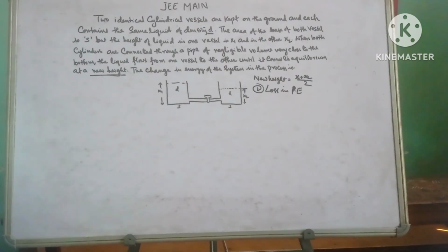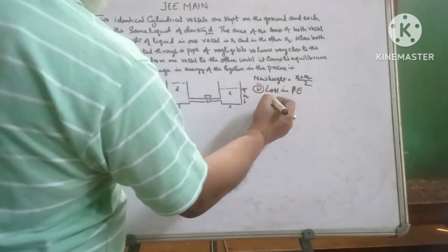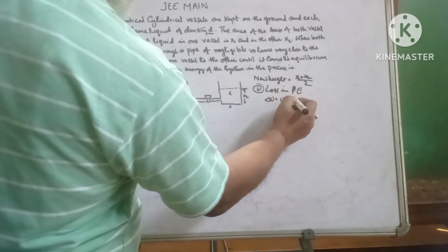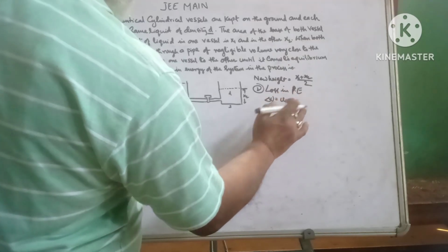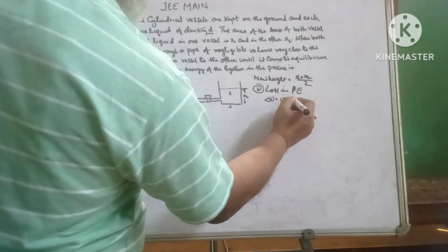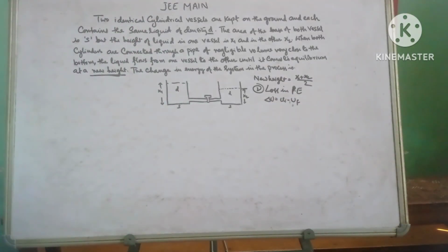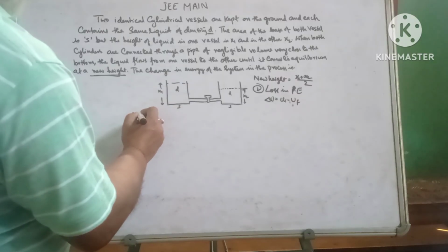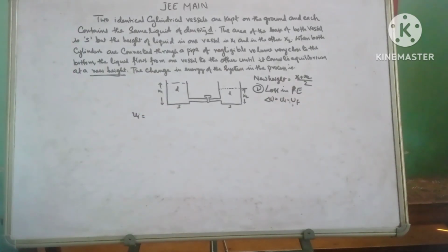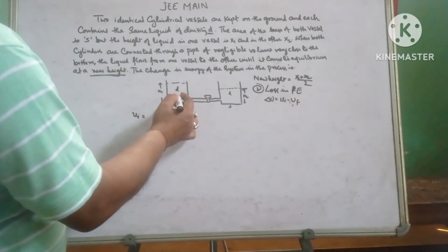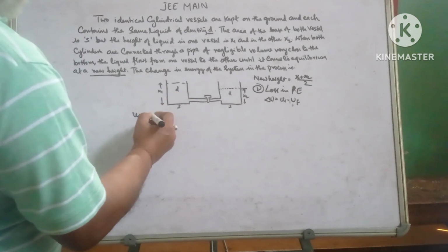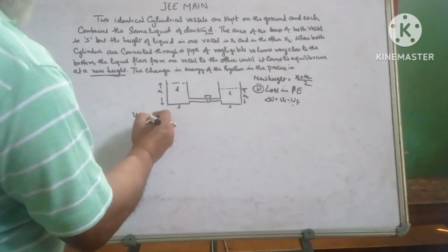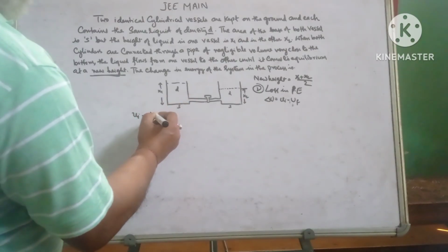So the loss in potential energy is Ui minus Uf. Initially, your potential energy Ui was mgh, that is density d into volume.